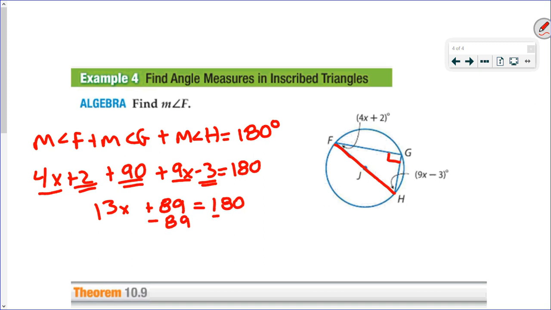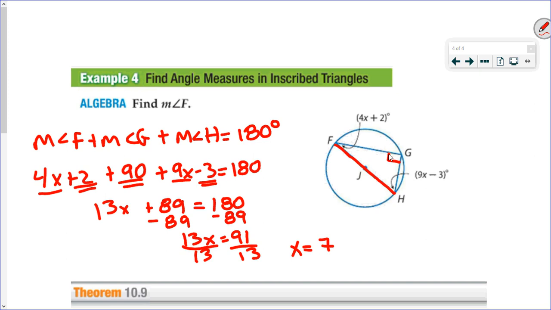Subtract 89 from both sides. 13x is equal to 91, and x would be equal to 91 divided by 13. And so x is equal to 7.